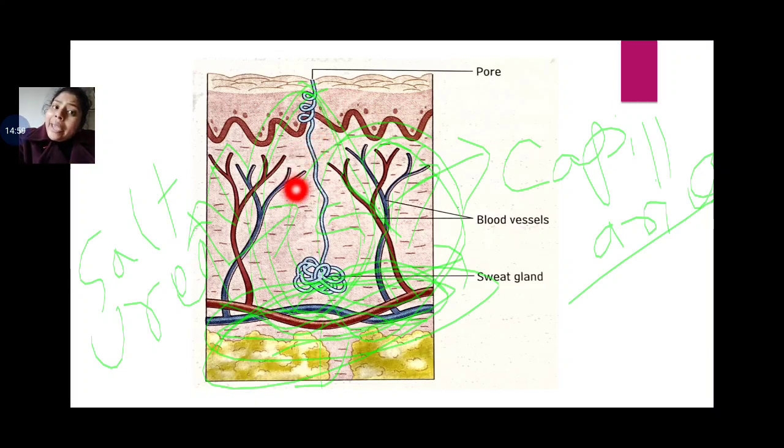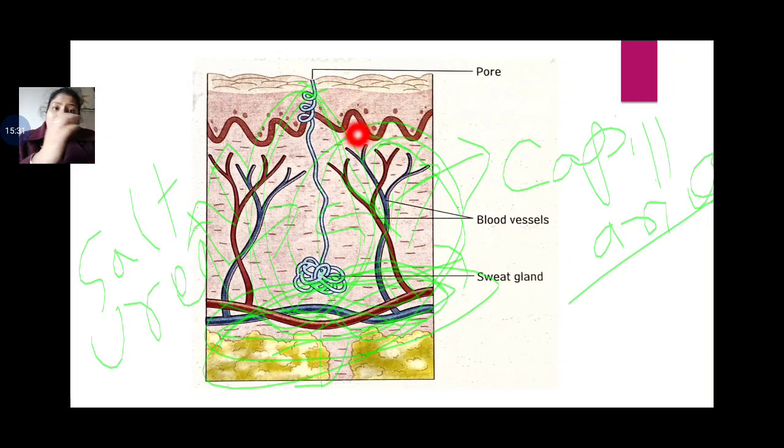That is why when you sweat and you sit under the fan, you start feeling cool, just because the energy liberated by the skin helps the sweat to evaporate. Since the sweat is getting evaporated, it cools down the surface of the skin, giving us comfort.